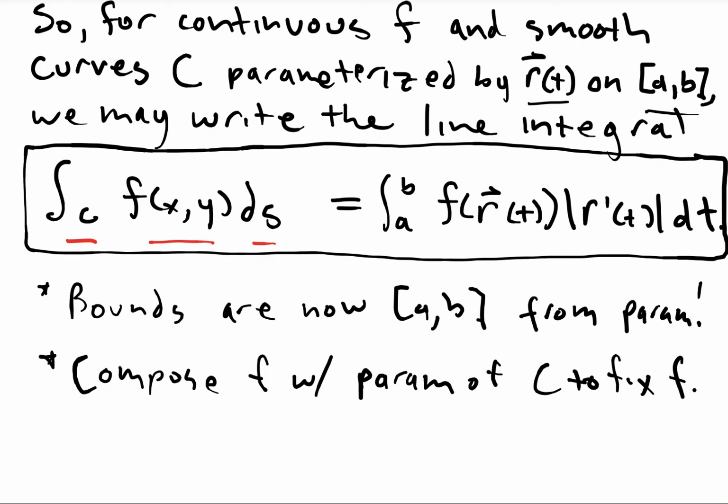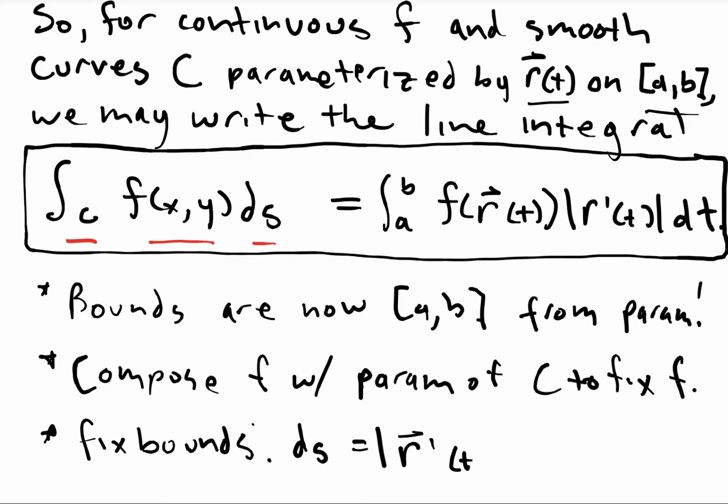And the final thing to note is that this arc length differential always equals the magnitude of r prime of t dt. So whatever parameterization you chose, you have to derive it, take the magnitude of it, and then slap a dt on the end. Same deal as before, we just have to worry about fixed bounds, fixed function, and fixed differential, and now we have a way that we can do it.